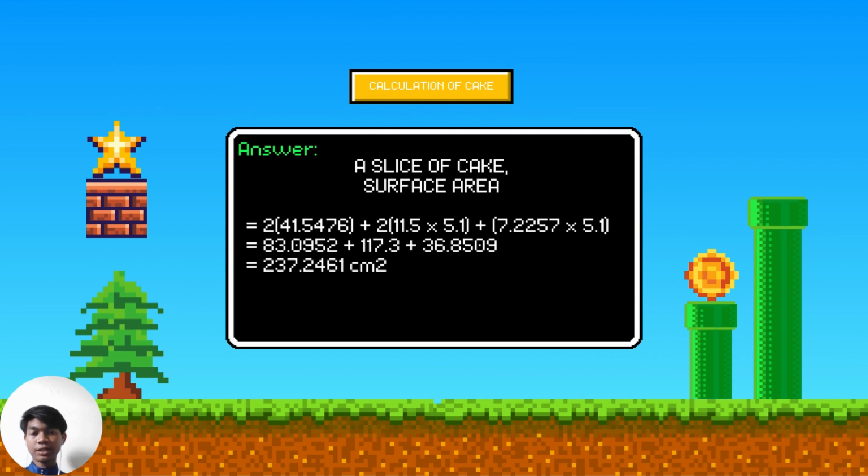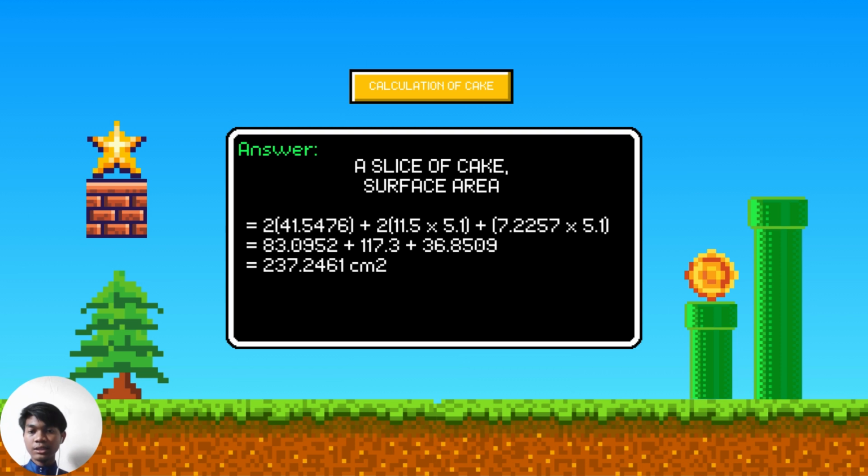Okay, next calculation, we have to find the surface area of the slice of a cake. From the slice, we can know that a slice of cake has 5 surfaces. So we just put everything into the formula.